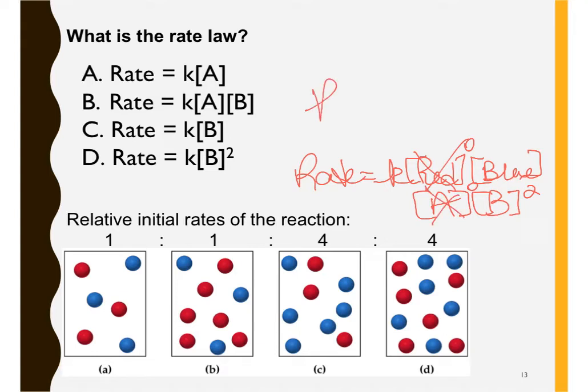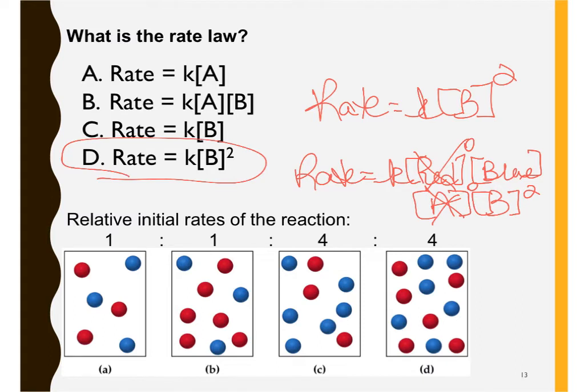And so the rate law then simplifies to K times the concentration of B squared. That is it. So that's a pictorial representation of finding the order of reaction from the method of initial rate. So now let's do an actual problem.